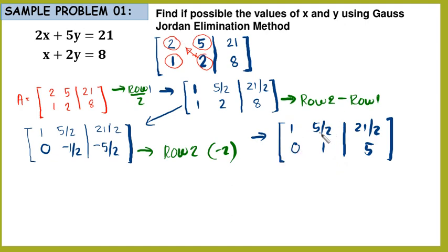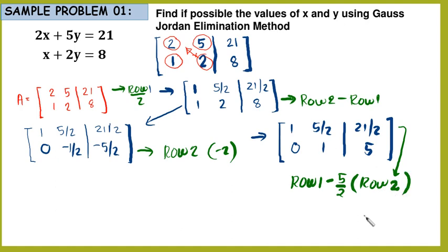So, to make this 5 over 2 to 0, we need to subtract. Okay. So our equation there is that our row 1 is equal to row 1 minus 5 over 2 times our row 2.